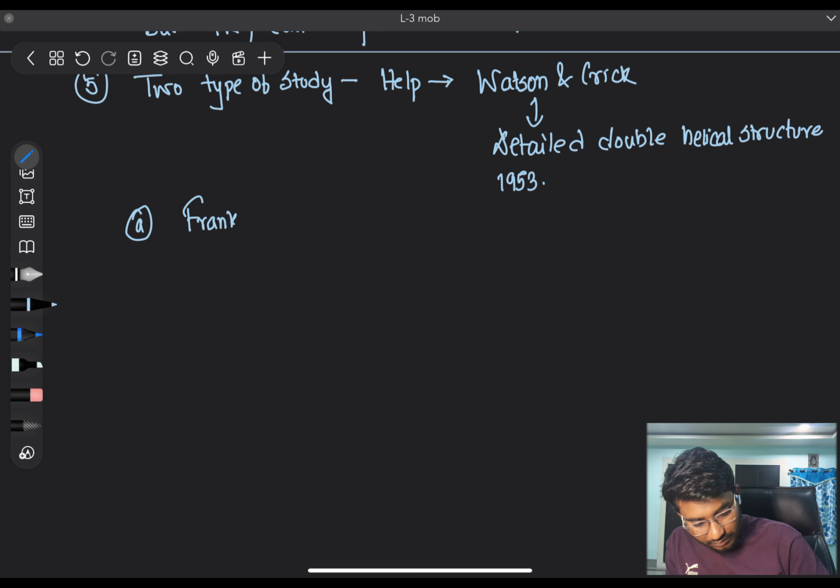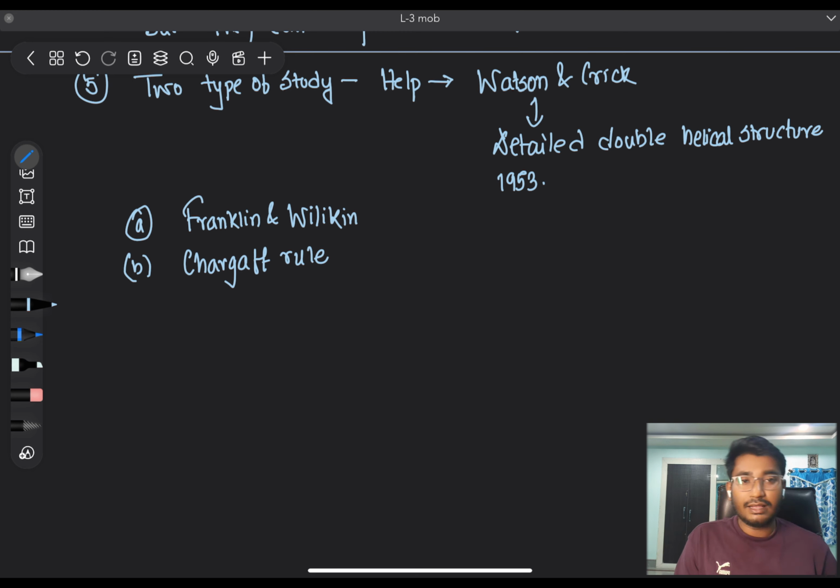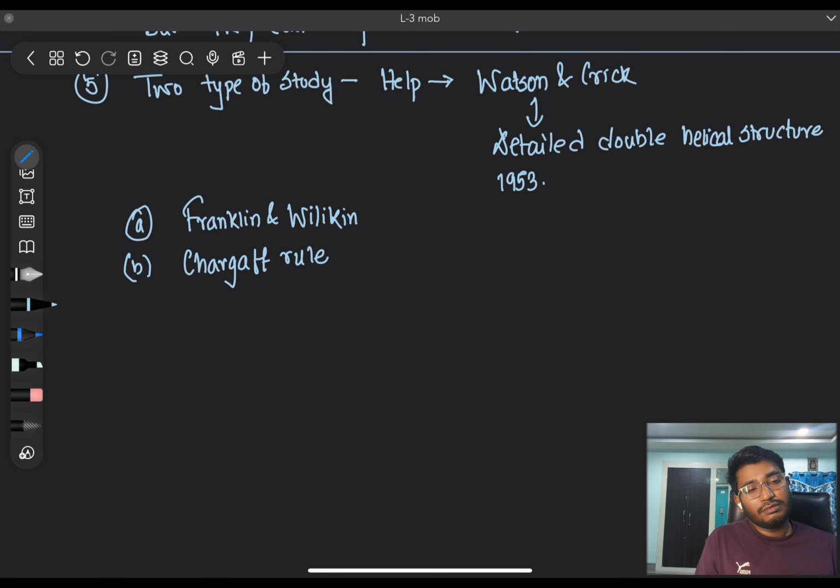Franklin and Wilkins's work and Chargaff's rule were used. By these two, we know the double helical and elaborate structure of deoxyribonucleic acid.